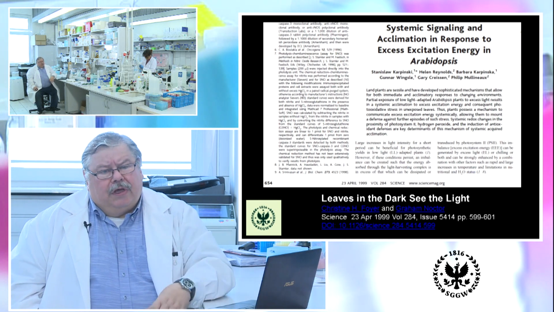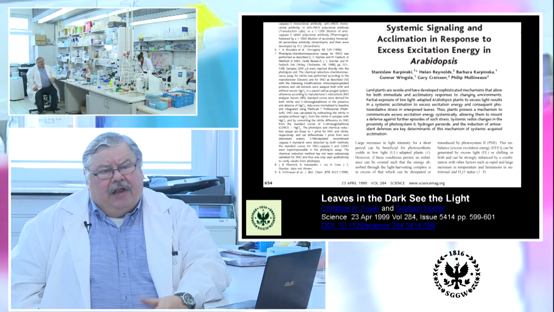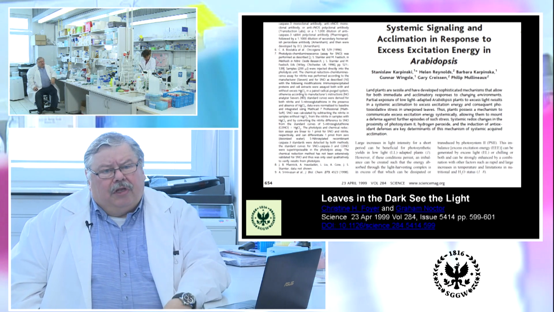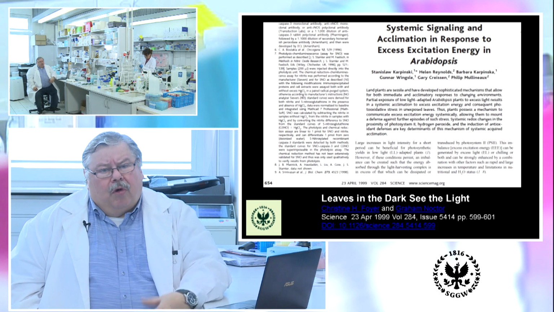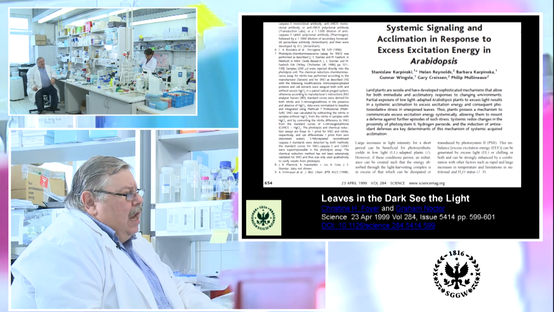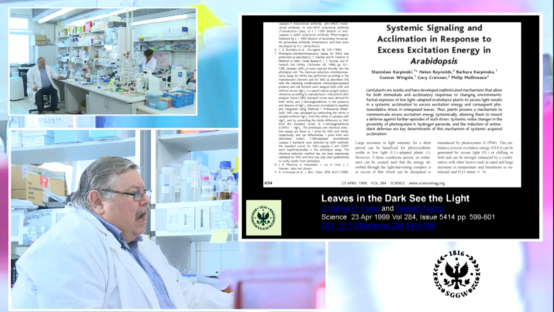Later on, we added to this signaling abscisic acid and other components like electrical signaling, and generally we know that the cocktail of reactive oxygen species, mostly hydrogen peroxide, and hormones and electrical signaling, is regulating systemic acquired acclimation.